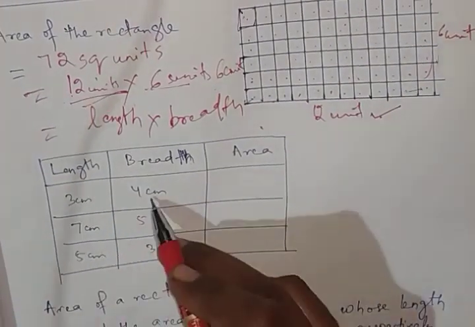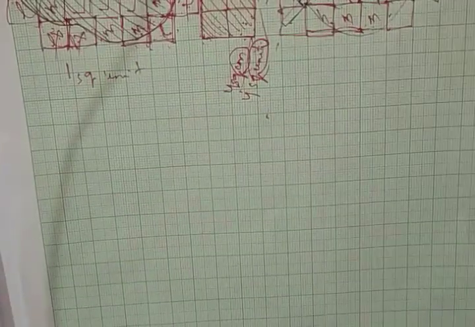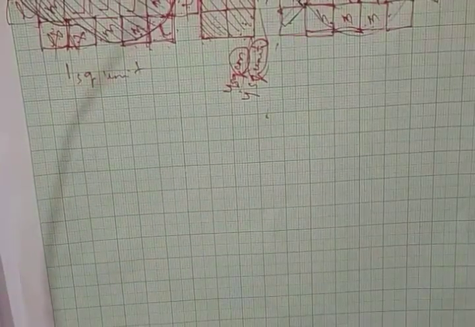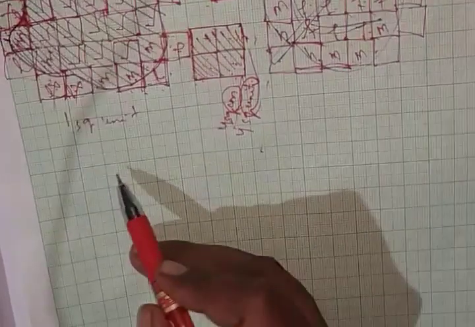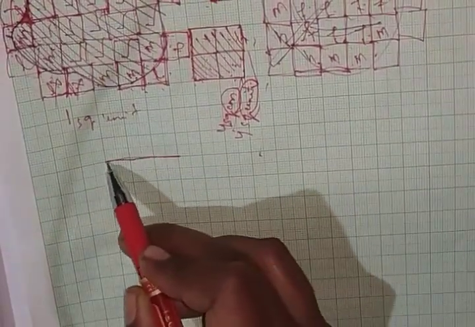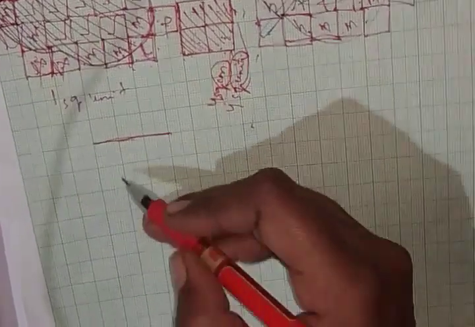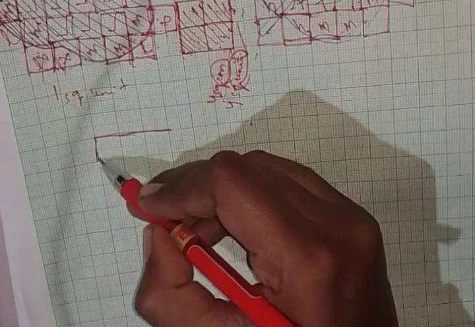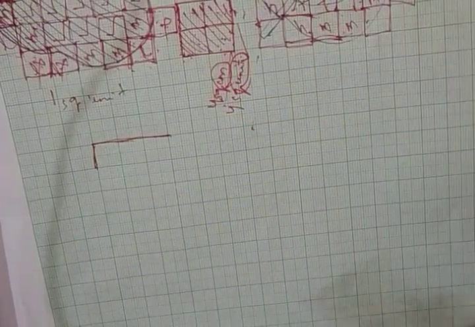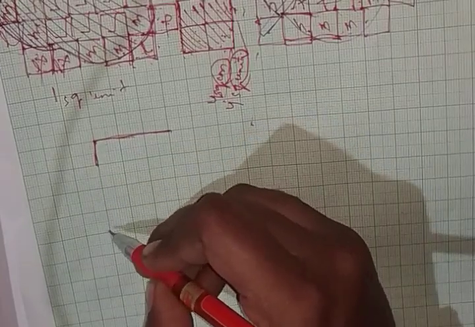Let's check whether the same holds for another one. Here 3 centimeter and 4 centimeter are given. I'm taking the graph paper. This is 3 centimeter, 1, 2, 3, and this is 4 centimeter. I'll mark it with a pen, or you can use a pencil.